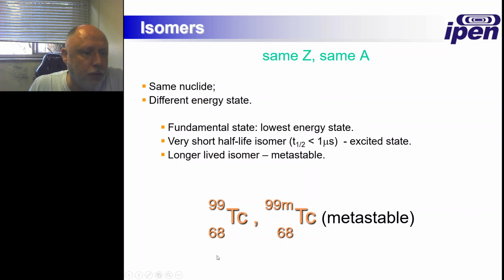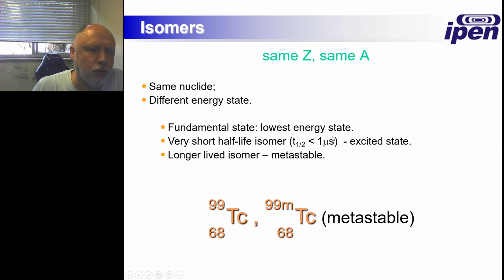This is what we call the fundamental state, which is the lowest energy state. But there's one excited state, which has a half-life, and it's the same atom, the same nuclide, but this one is different because it is in an excited state, so it has to decay from this excited state before becoming this one.